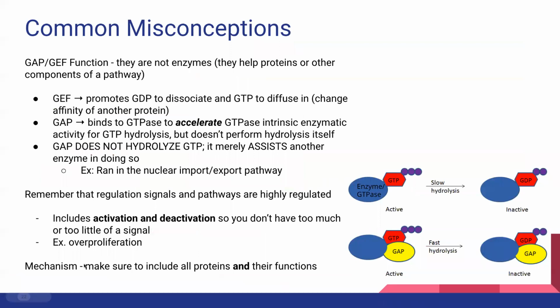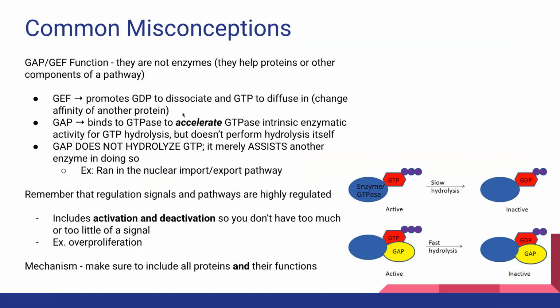Now we're going to talk about some misconceptions. We know that GIF promotes GDP to dissociate, and then we get GTP to diffuse in.